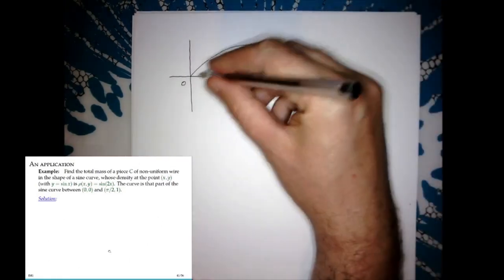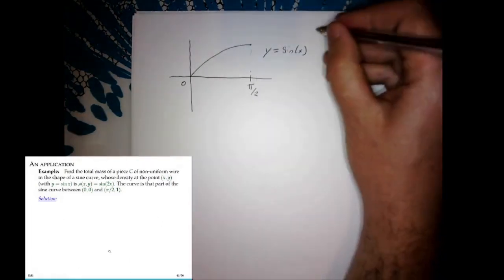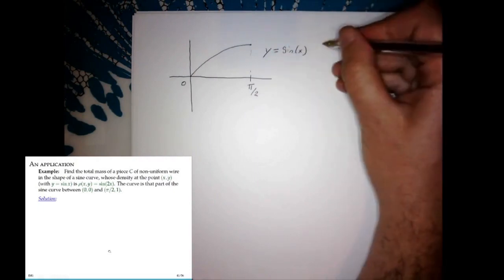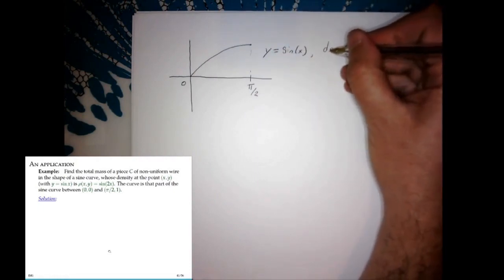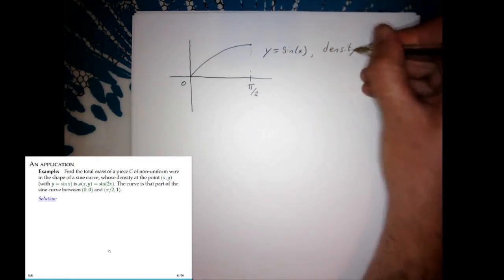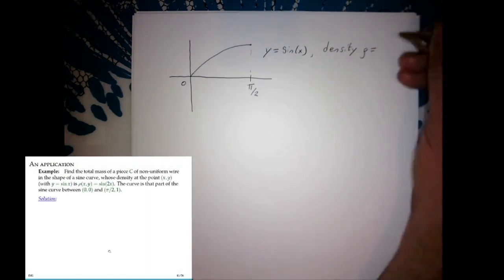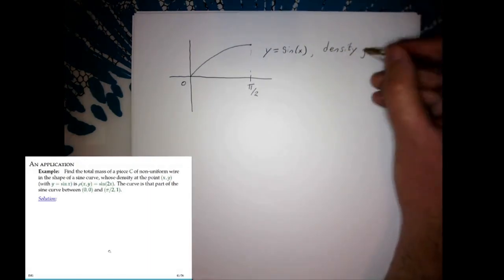and the density of the wire, the linear density, is rho equals sine of 2x.